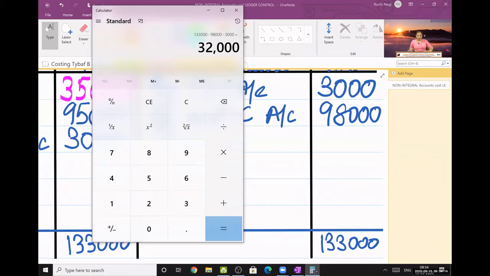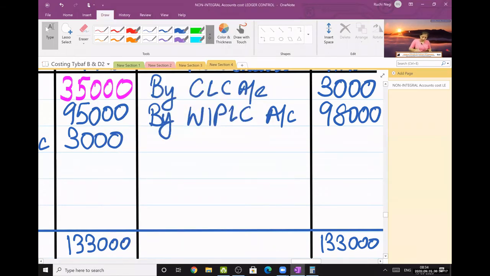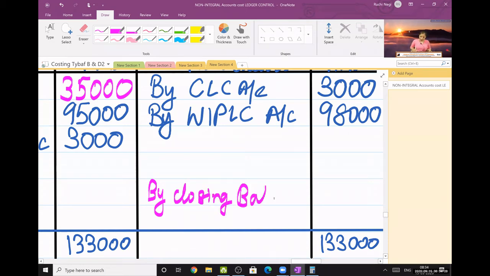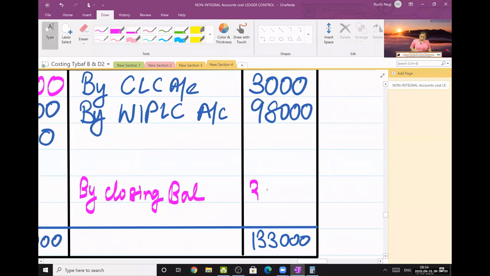So the answer is 32,000. So please write it here. 32,000. Okay, right here. By closing balance or by balance carried down, that also you can write. By closing balance 32,000.